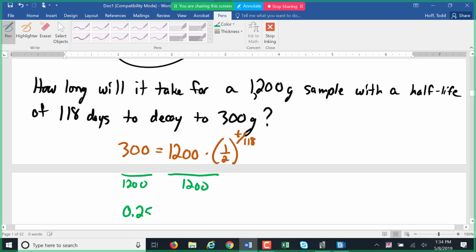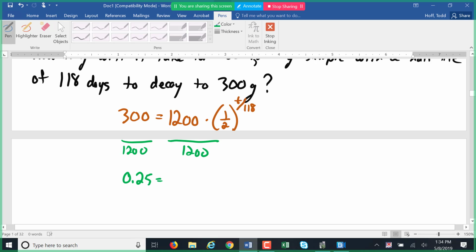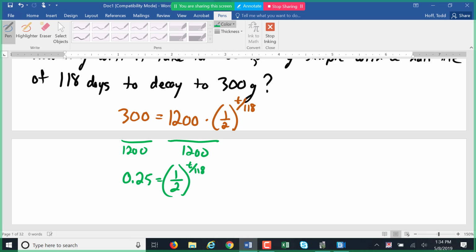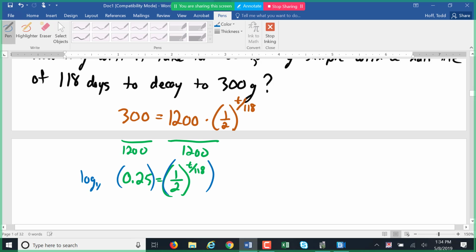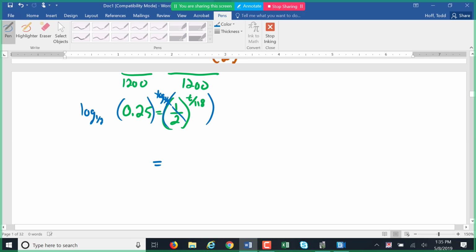So we've got 0.25 equals 1/2 to the power of t over 118. Now what? Log of 1/2. Very good. So on the right side, what do we have? T over 118.